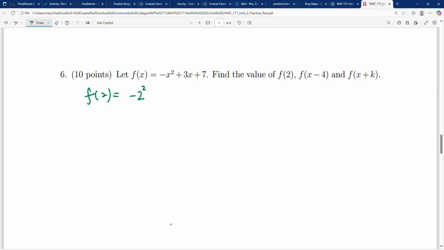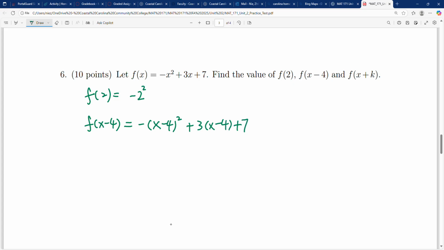Just one number. But the next one you're going to use the parentheses. Here you're going to use the minus, negative (x minus 4) squared, right? Then plus 3 times (x minus 4), then plus 7.